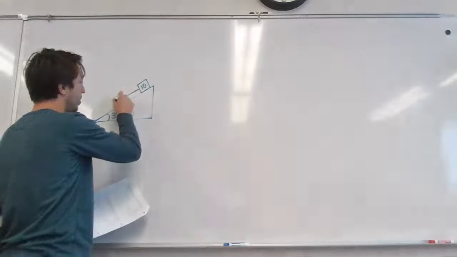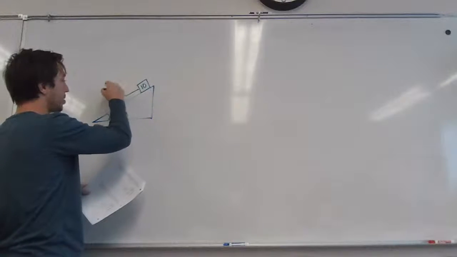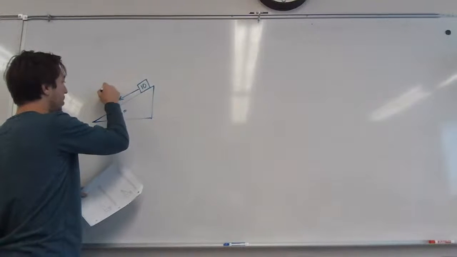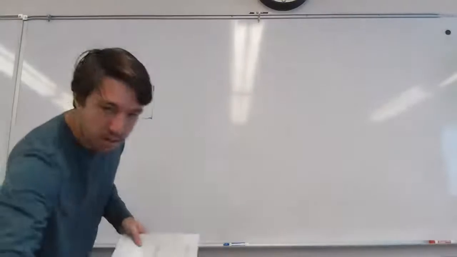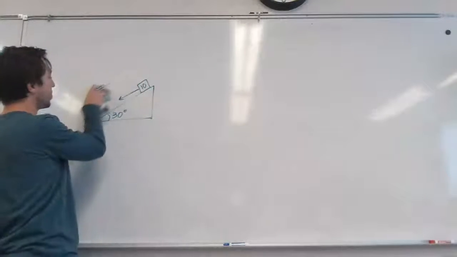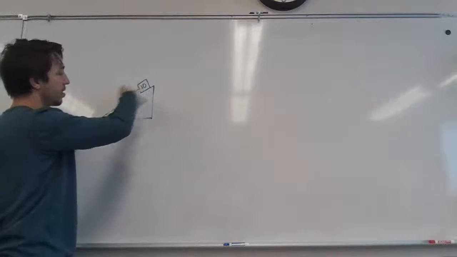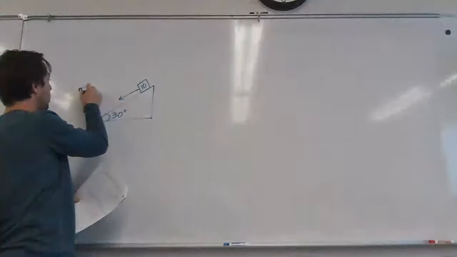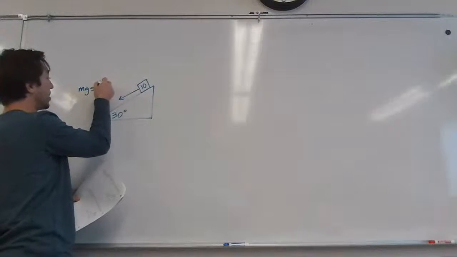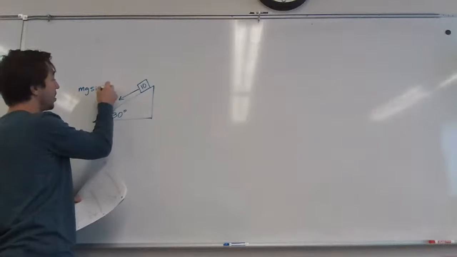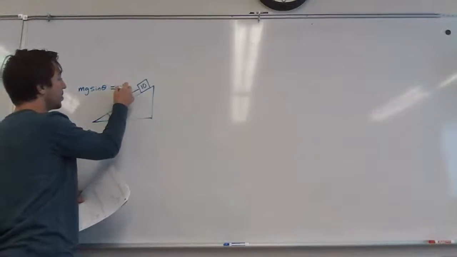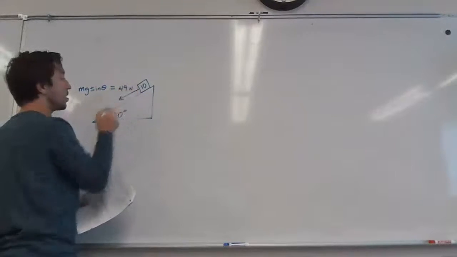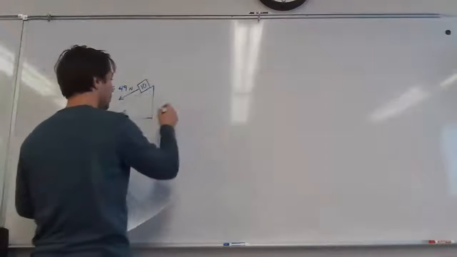So this vector is going to be mg. When you do mg sine of theta, what's going to come out here? 98 times the sine of 30, 49, which is 49 newtons.